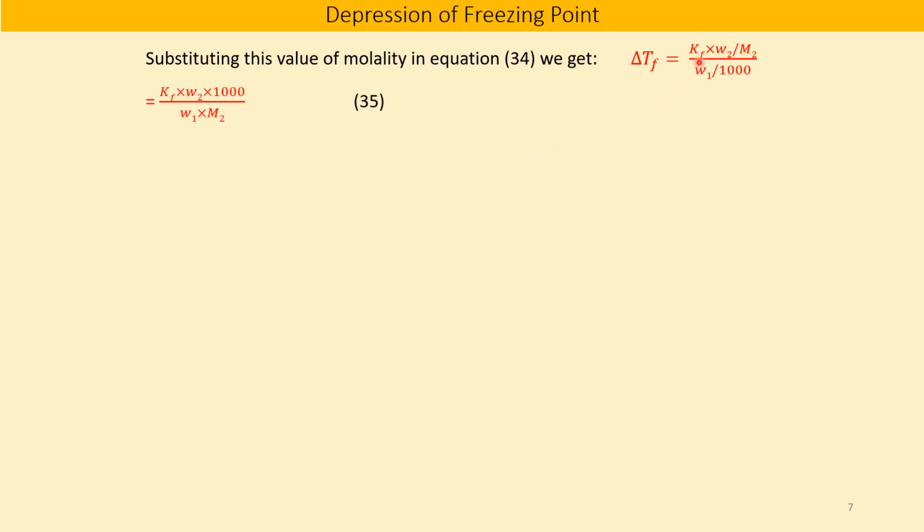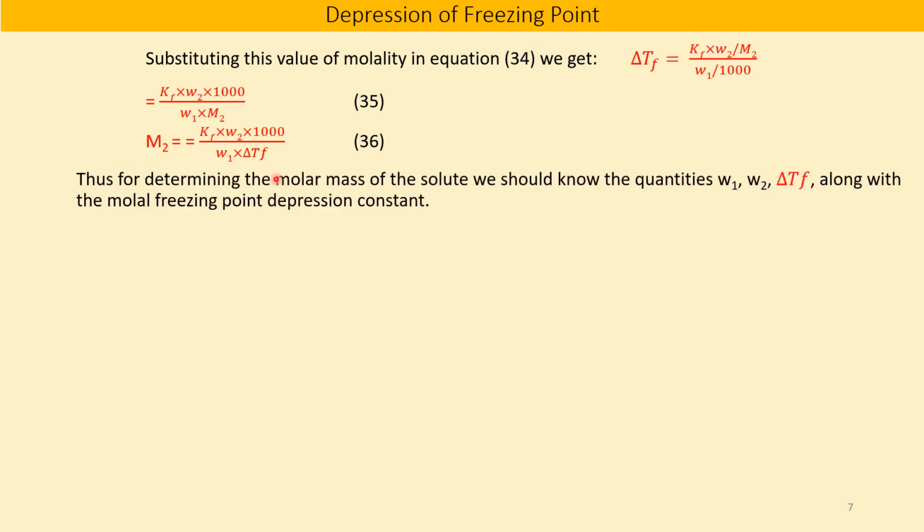Simplifying, we get Kf × W2 × 1000 divided by W1 × M2. Let it be equation 35. So, we can find M2 from equation 35 by rearranging it as M2 = Kf × W2 × 1000 divided by W1 × ΔTf. Let it be equation 36.